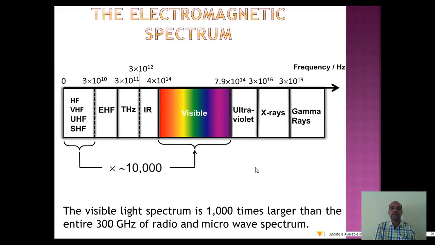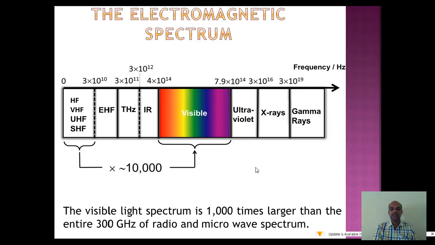So this is the spectrum we are discussing now. The radio wave as well as microwave come under 0 to 300 gigahertz, followed by very high frequency, ultra high frequency, super high frequency, extreme high frequency, terahertz, infrared, visible, ultraviolet, X-rays, and gamma rays.